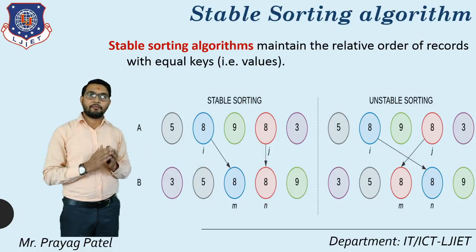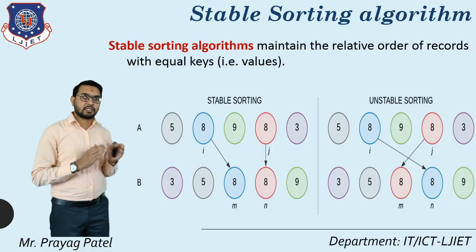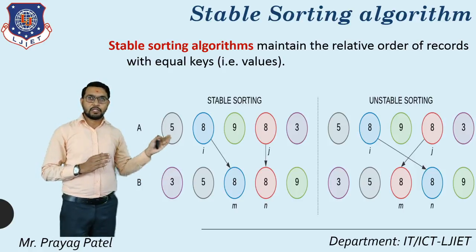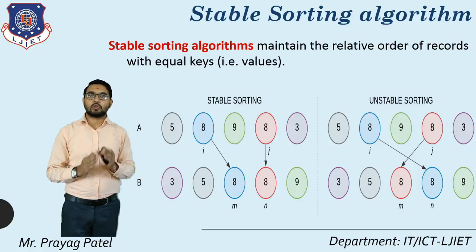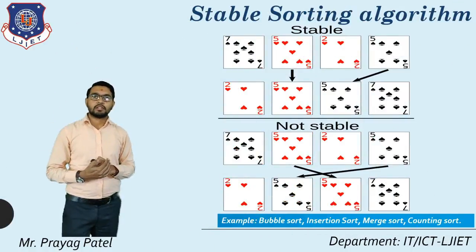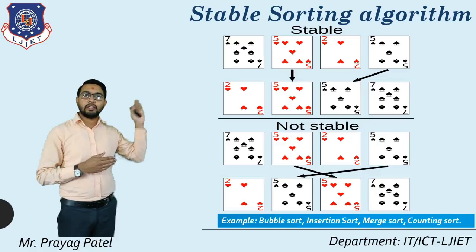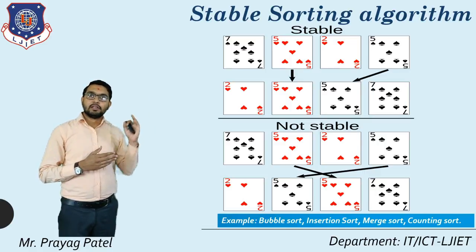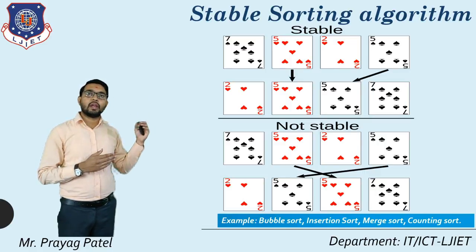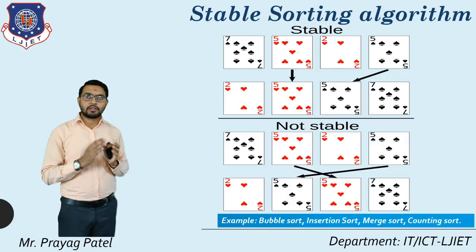Now consider the second example, an unstable sorting. Here the first 8 is at the second position and the second 8 is at the first position in our sorted list. In the first list M comes first, then N. So this is called stable and unstable sorting algorithms. Consider another example for the stable sorting algorithm. Here consider 4, 7, 5, 2 and 5. Here 5 occurs two times.